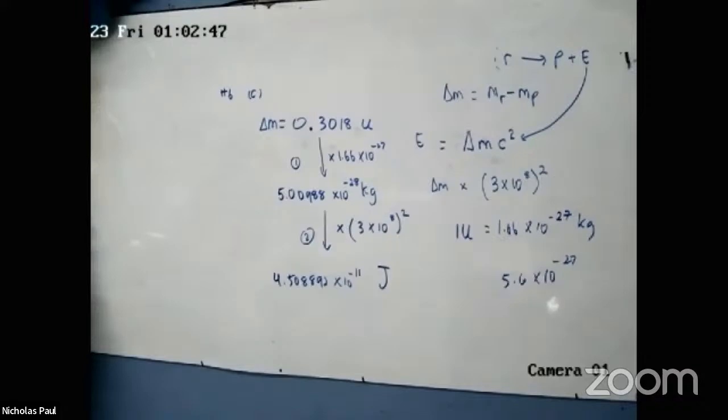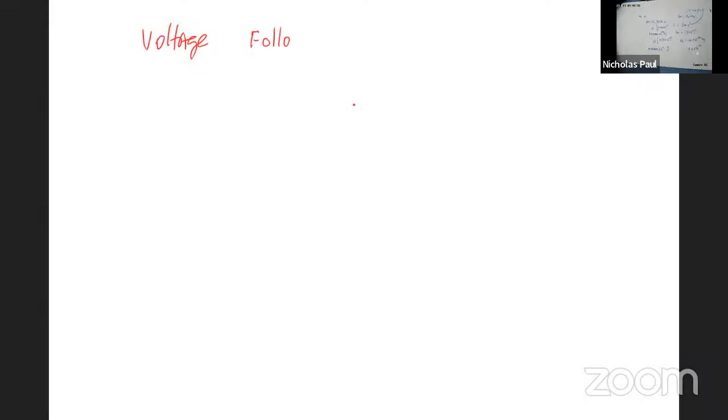So we're taking a look at the voltage follower. And here's how it looks. The voltage follower is a little bit different. Again, you have the input being run through the non-inverting terminal.